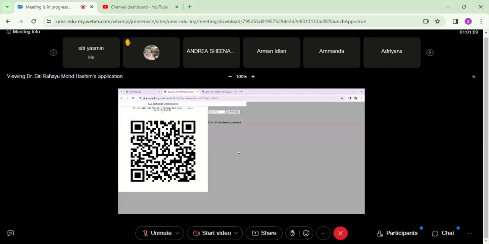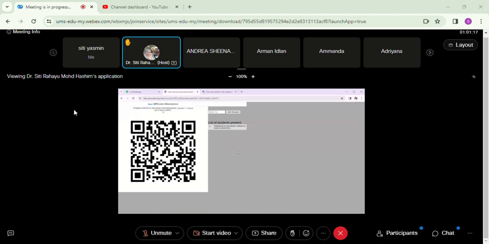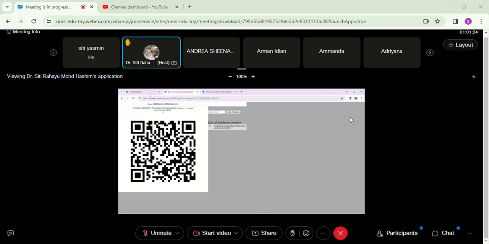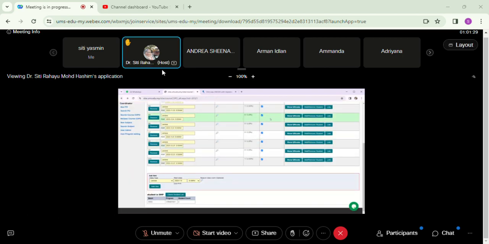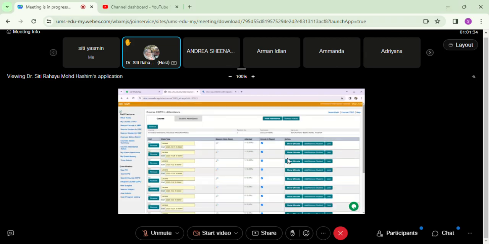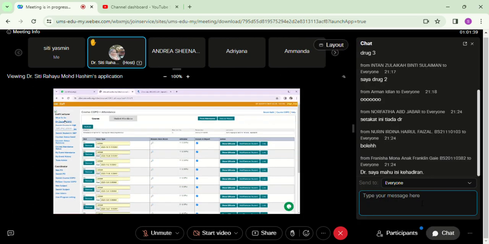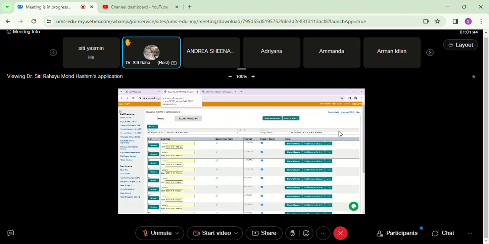Sepatutnya Franisha dengan Nurul Nabila kan? Untuk biotek sudah semua sudah scan ke? Ada belum ke? Semua sudah? Supaya saya boleh tulis ini. Kalau belum beritahu cepat-cepat. Semua sudah ya? Okay. Saya tutuplah.